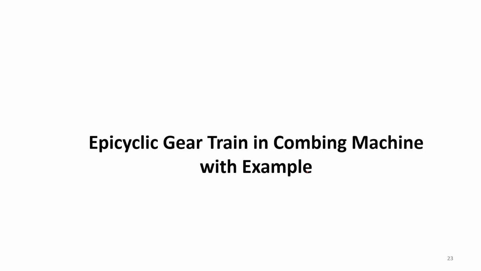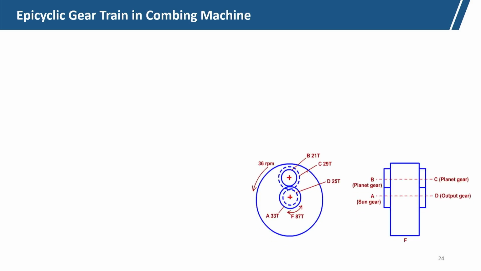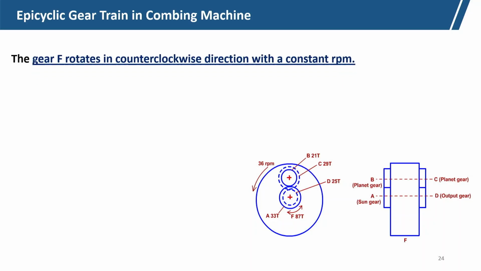Now, with a specific example we are discussing the combing machine. This is the diagram we have seen in the last slide. Gear F, which is the arm, rotates in a counterclockwise direction with a constant rpm.